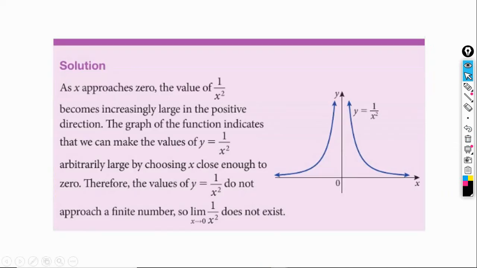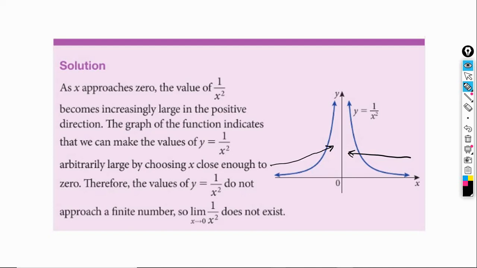And let's take a look at the graph. So if we study the graph, we can see that as x approaches 0 from the left, the graph of f of x tends to infinity. And the same thing as x approaches 0 from the right, it also tends to infinity.